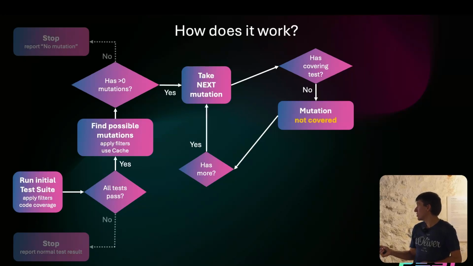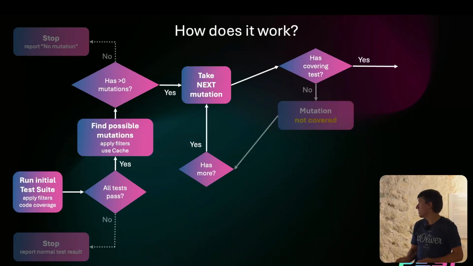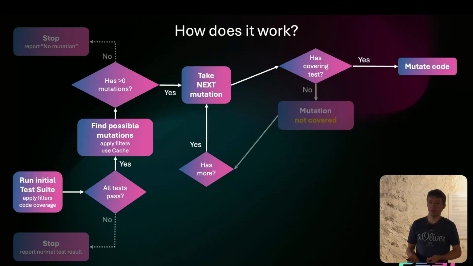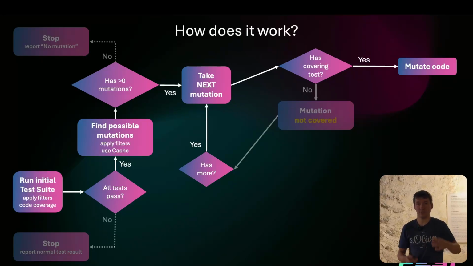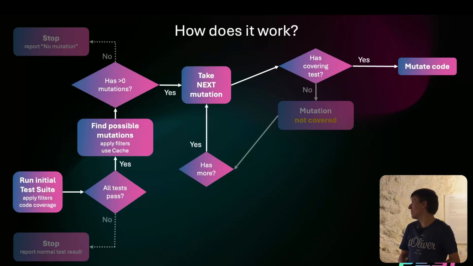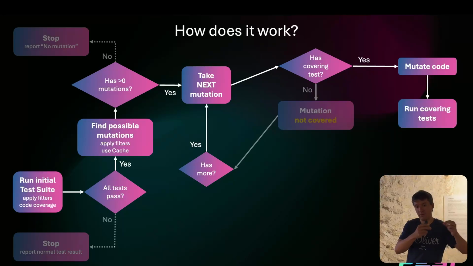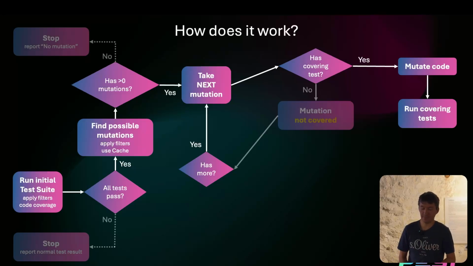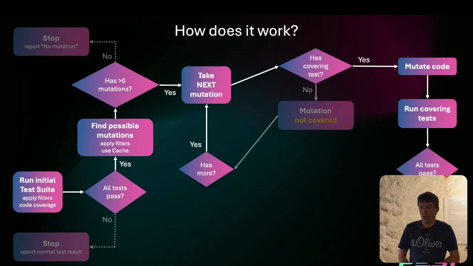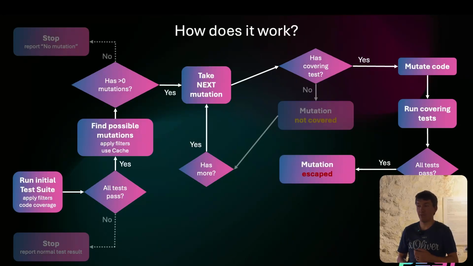And once again, it checks if it has covering tests, and if so, it mutates the application code. So it takes the file, modifies the file, and then it runs all the tests covering this line against the mutated application. When they have run, it checks if all the tests have passed, and if all of them have passed, this is bad, because this is what happened before.